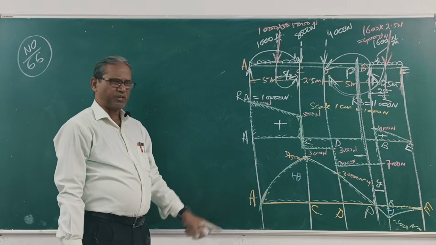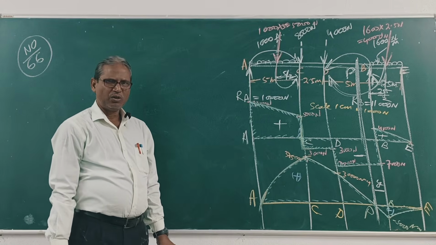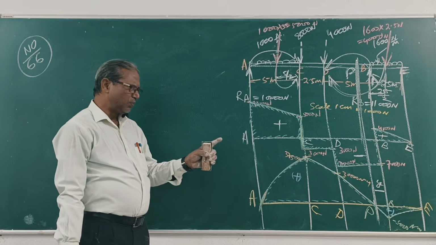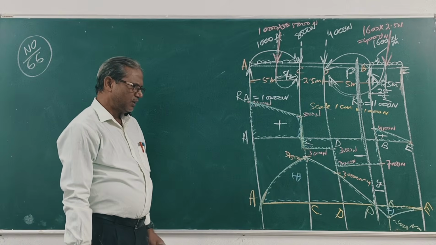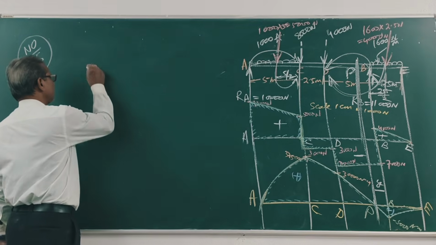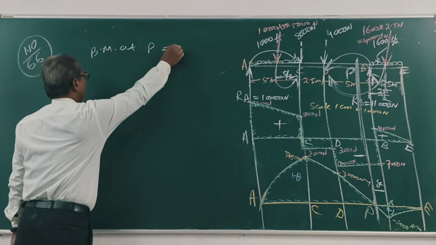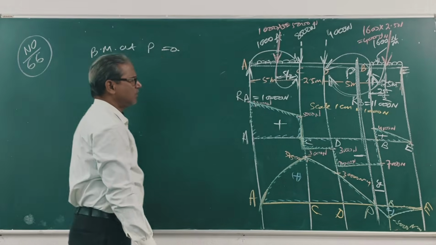So this point P is called the point of contraflexure. At this point, the BM is 0. I'll find out the distance Y. Clear? Now from the figure, BM at P is 0. This is Y.